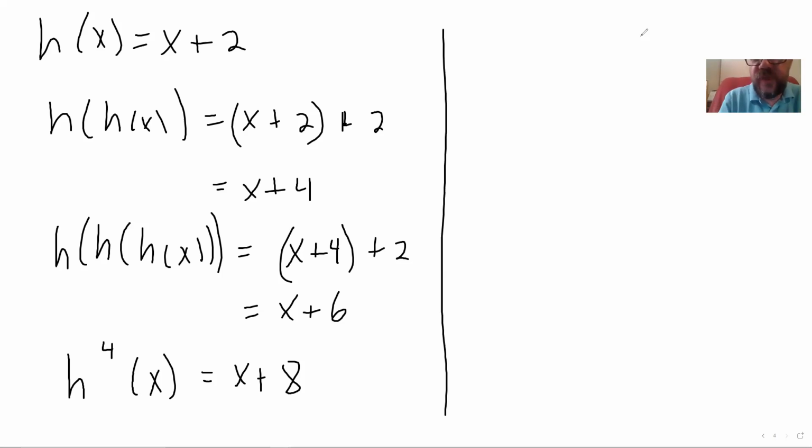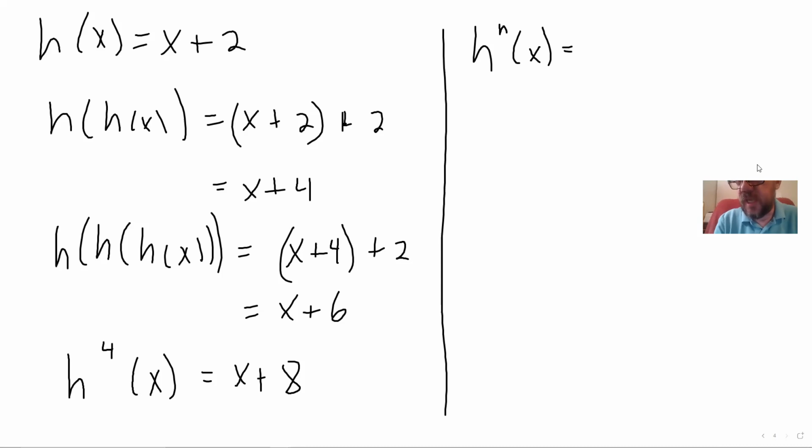So what is this? H to the n of x. That is adding 2 n times, right? This is x plus 2n. When n is 1, I'm doing h 1 time, and I add 2.